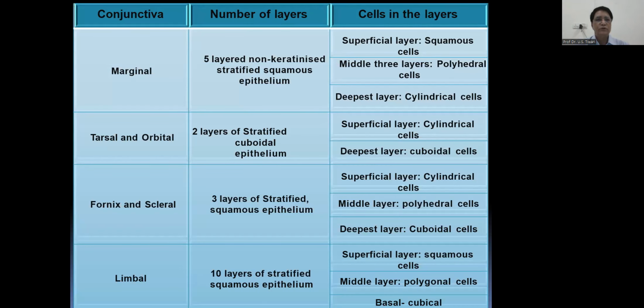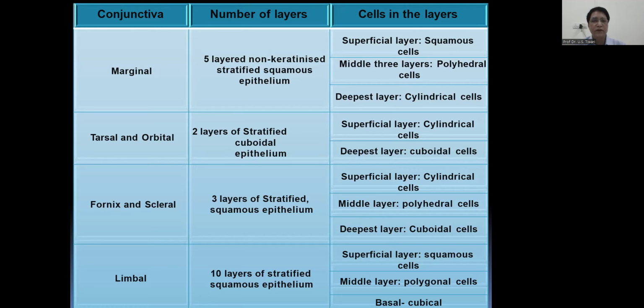If you look at the characteristics of these layers, especially the epithelium, in the different parts of the conjunctiva, it is something like this. The marginal conjunctiva is a 5-layered, non-keratinized, stratified squamous epithelium, whereas the tarsal and the orbital part of the conjunctiva is a 2-layered, stratified cuboidal epithelium.